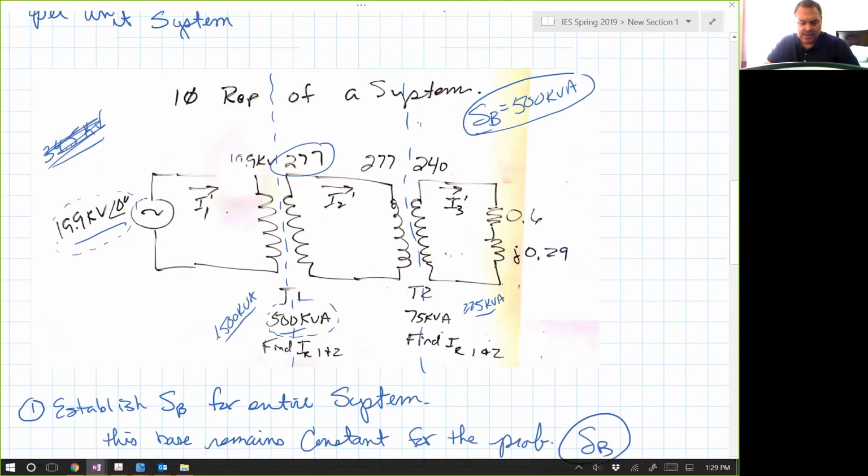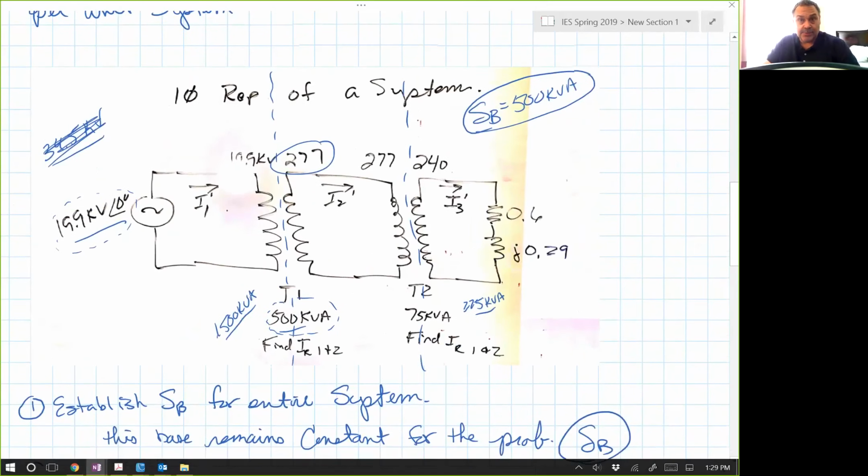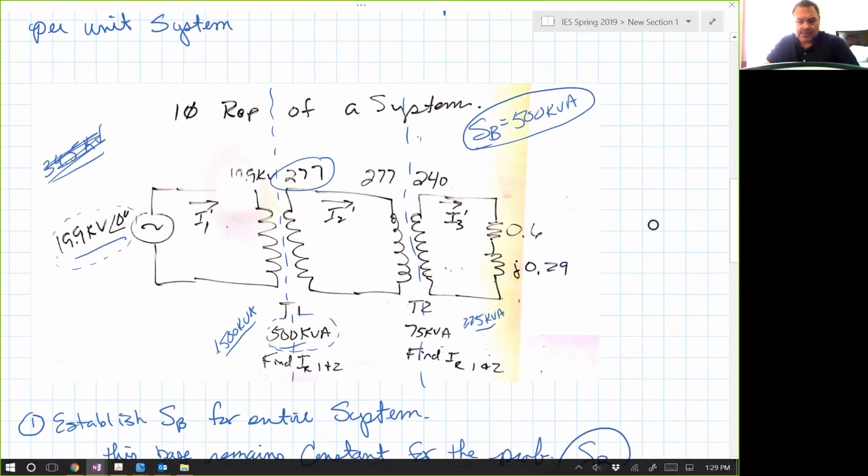The next thing you're going to do is establish your voltage regions. And what you do, for us, we go into a particular region. Remember last week I put a dotted line down between the transformer ratios? What that does is divides my system into voltage regions. So I'm going to call this, over here on the left-hand side, 19.9 kV.